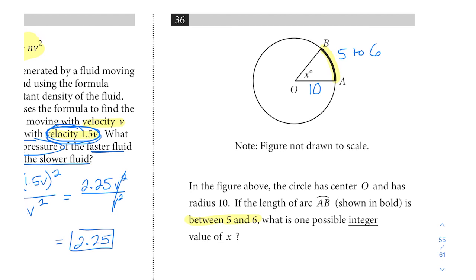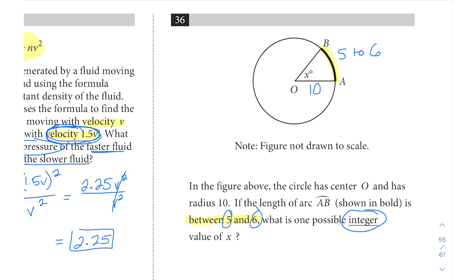So when you're given a range, and I know we've talked about this on other questions, so if you've been watching our full video series, then you're probably already familiar with this, but basically when you're given a range of values, a lot of people's instinct is, well, why don't I just pick a number in the middle of that range? And let's say I try 5.5, and then I do all the math on that. Well, that doesn't guarantee that you would come out with an integer value of x.